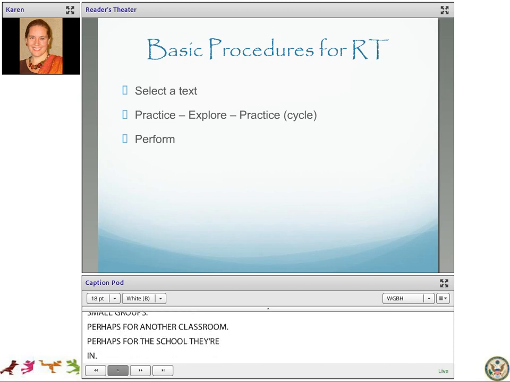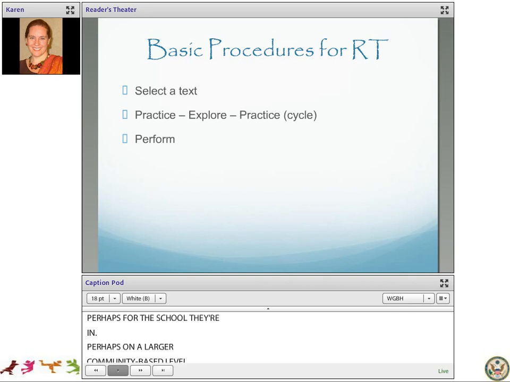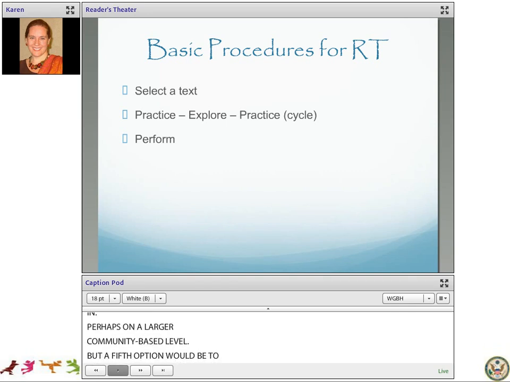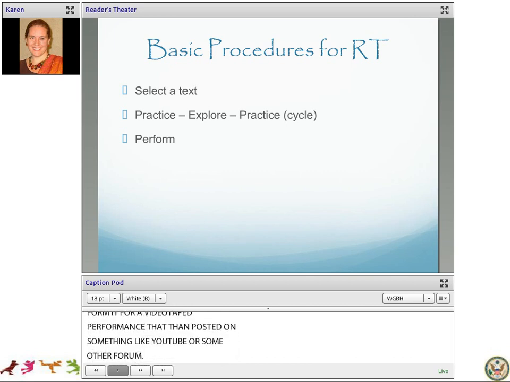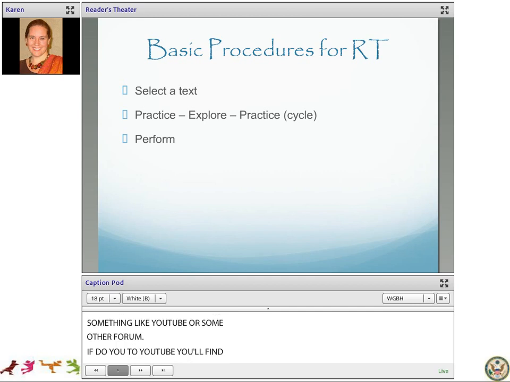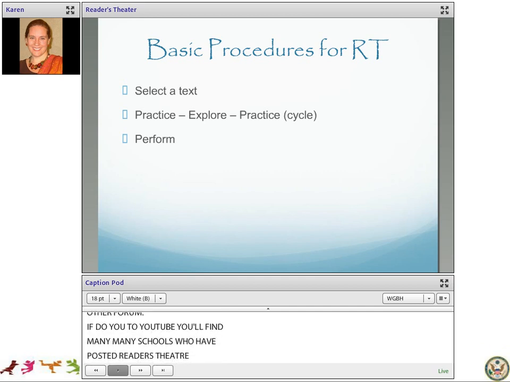But a fifth option would be to perform it for a videotaped performance that's then posted on something like YouTube or some other forum. If you go to YouTube, you will find many schools who have posted Readers Theater performances. So that performance can either be in front of a live audience or a digital performance for virtual audiences.